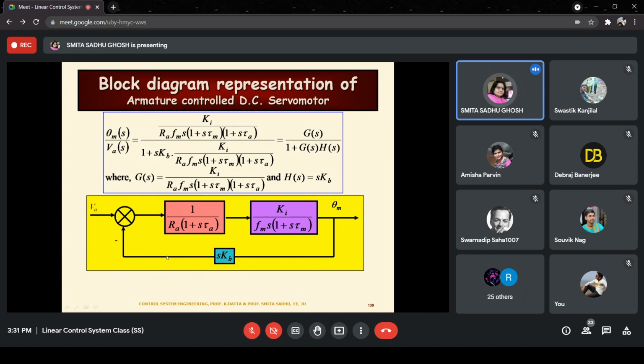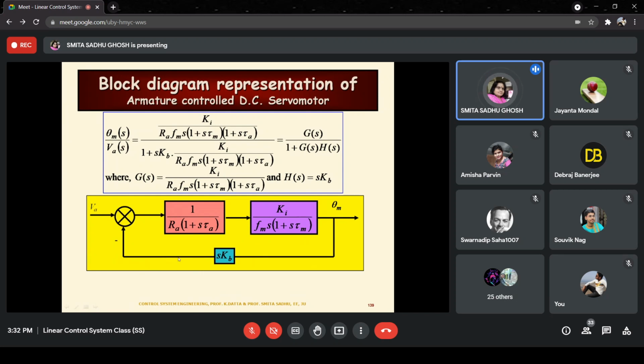Nature means physically what sort of quantity is it? Is it the position or something else? The signal I'm speaking of, after the skb block. And velocity. Yes, very good. So it is the angular velocity that we are inherently feeding back.